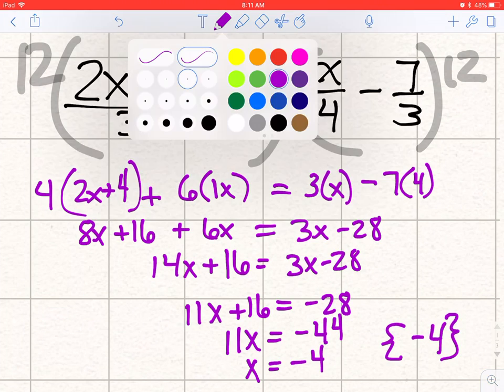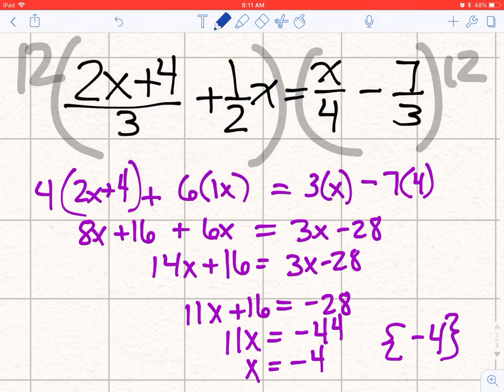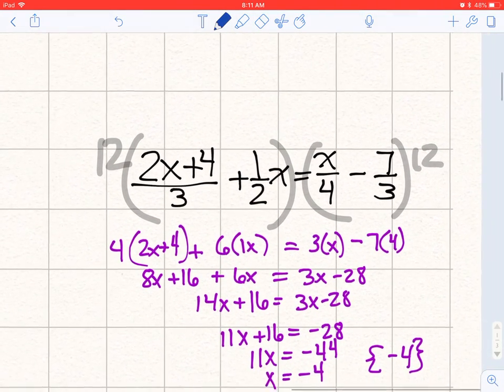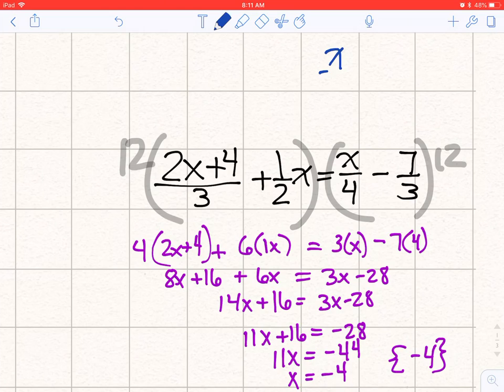The other thing that I was wanting to mention was that I'm going to go above here a little bit. That x over 4, if you want to do x over 4, is the same thing as writing 1/4 x, okay? Or this 1/2 x. So I wrote them both ways just so you can kind of see that. There's different ways to write that.